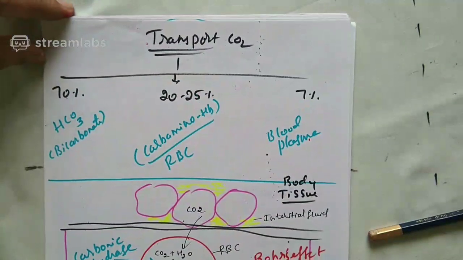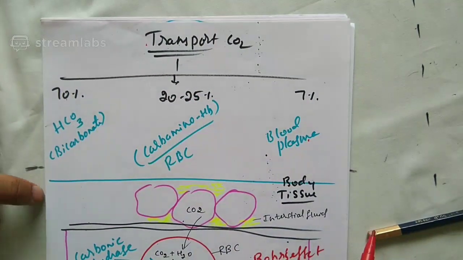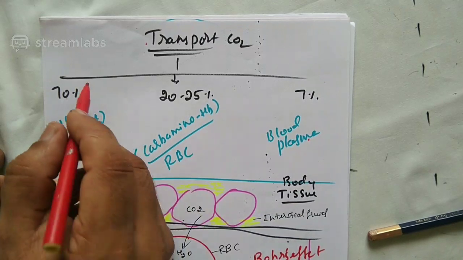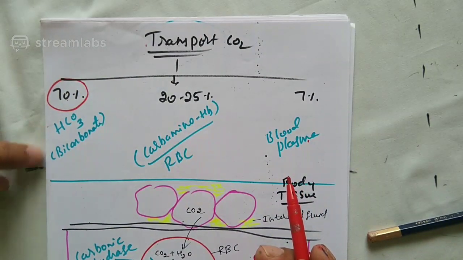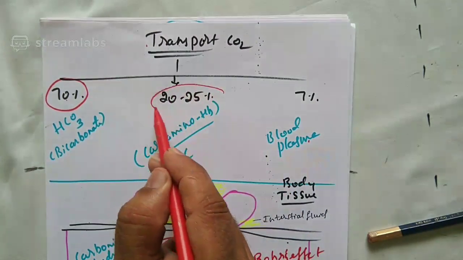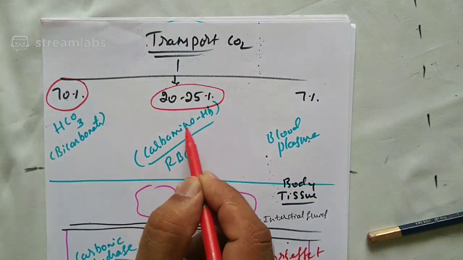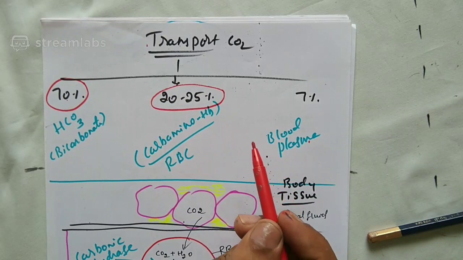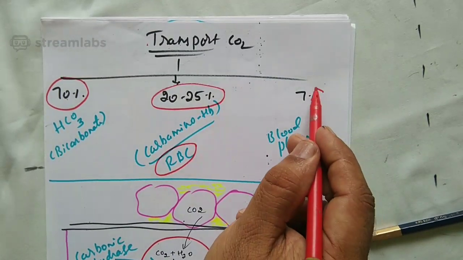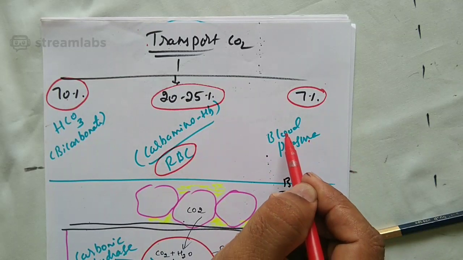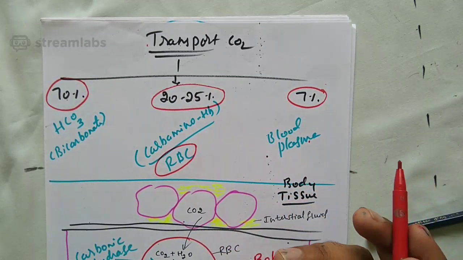See here. Carbon dioxide is transported in three ways: 70% in the form of bicarbonate, 20 to 25% in the form of carbaminohemoglobin through the RBC, and 7% in the blood plasma.